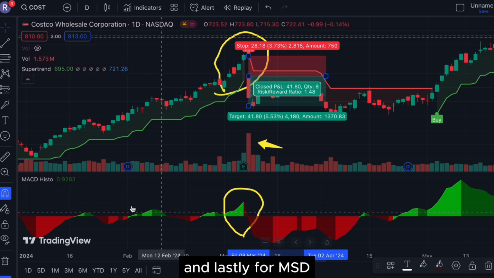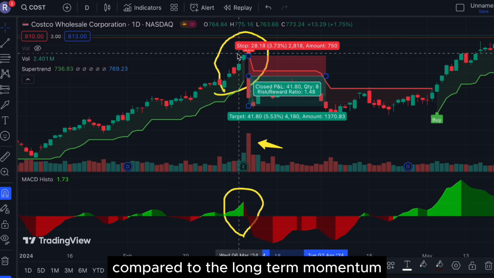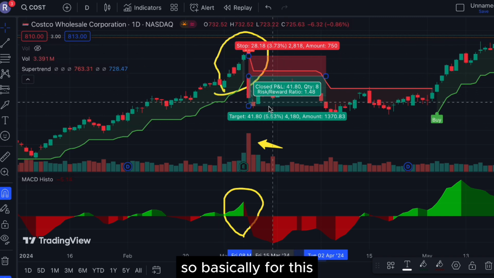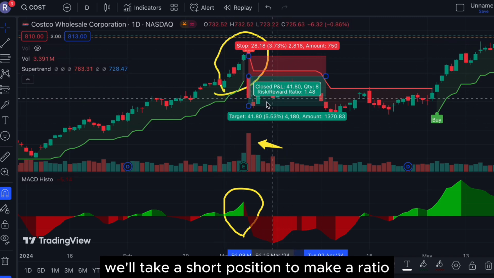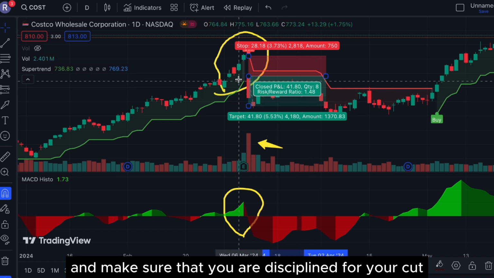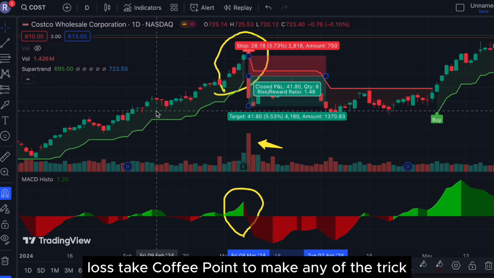And lastly, for MACD, it shows short-term momentum will be more bearish compared to the long-term momentum. And also for our super trend, it shows a sell or short position. So basically for this, we'll take a short position for a risk reward ratio of 1.48, and make sure that you are disciplined with your cut loss and take profit point to make any of the trade.